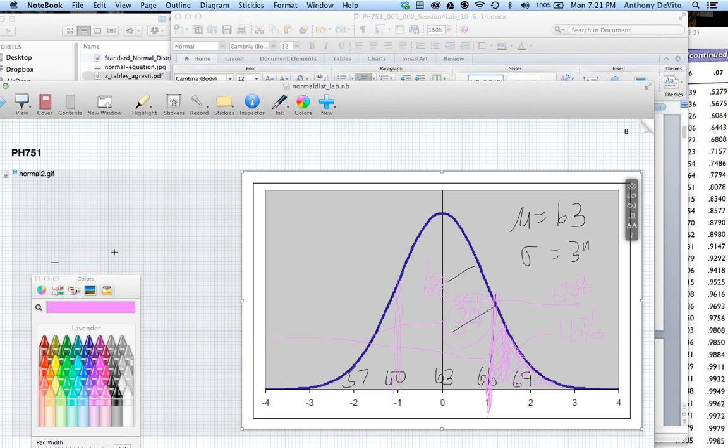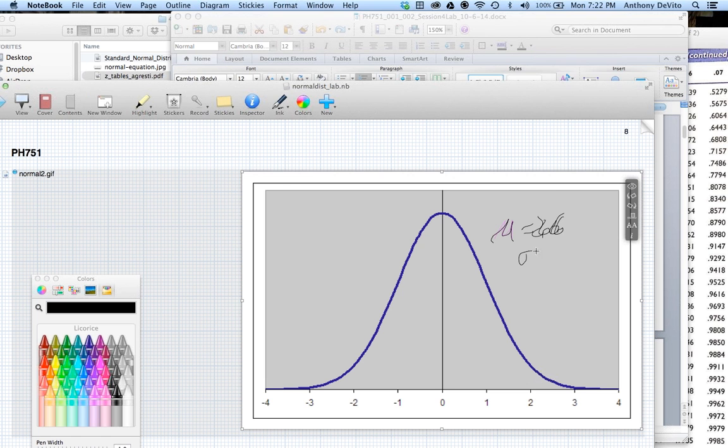Okay, let's draw that one. I'm gonna erase these so I can reuse this. Okay, our mean is 266.